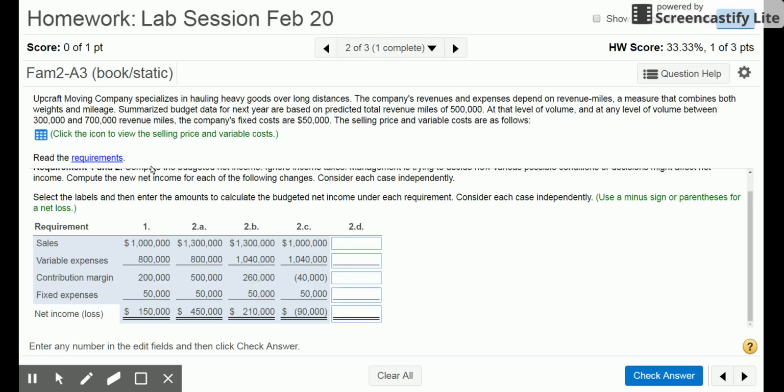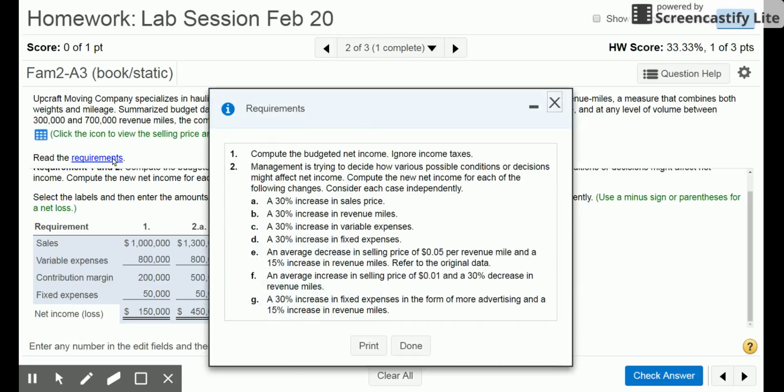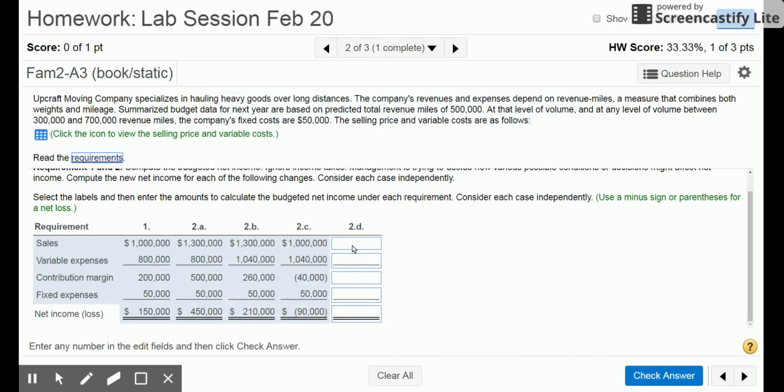So that's scenario C. Let's go to scenario D, a 30% increase in the fixed expenses. Everything stays the same: $1 million as our sales, $800,000 as our variable expenses, and $200,000 is our contribution margin.